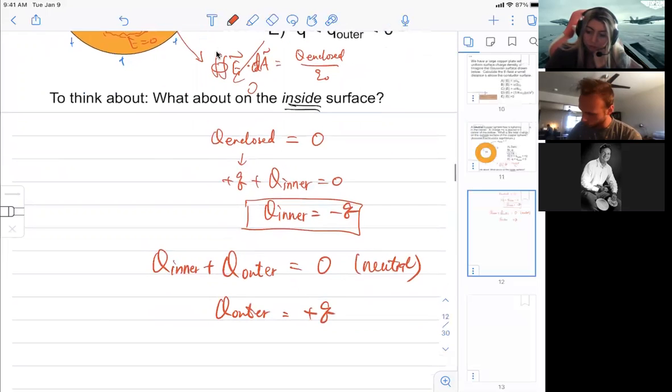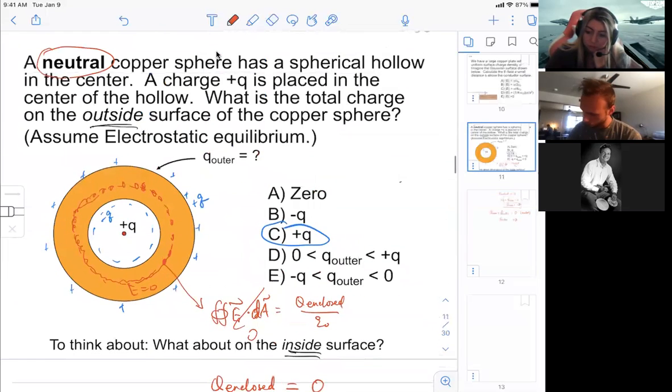Now, if it's neutral, then the outer surface has to be a positive Q. But if the conductor is not neutral, let's pretend that the copper sphere has a positive Q on it. Okay, so what is the charge on the outer surface now? Is it still positive little Q?